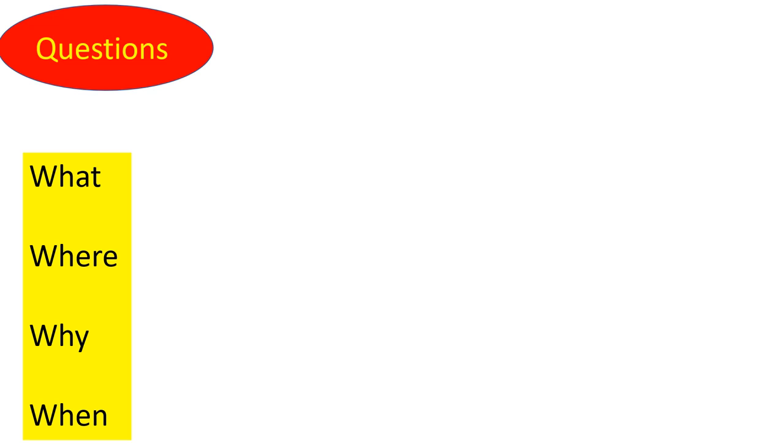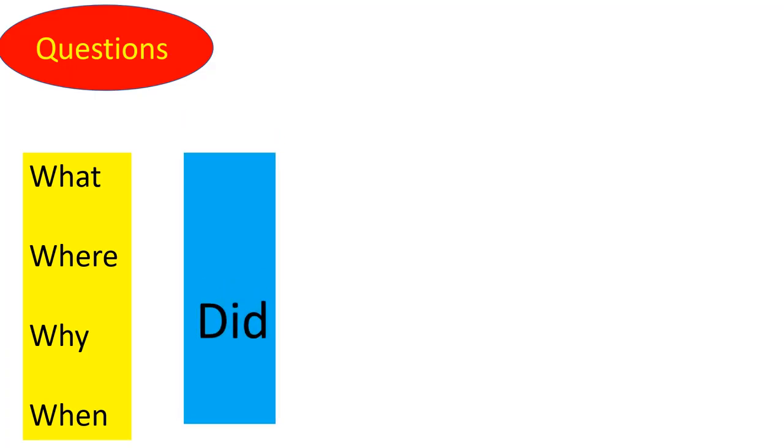For example, what asks about thing, where asks about a place, why asks about cause, and when asks about time. We start the questions with WH word. Then we add did. What did? Where did? Why did? And when did?